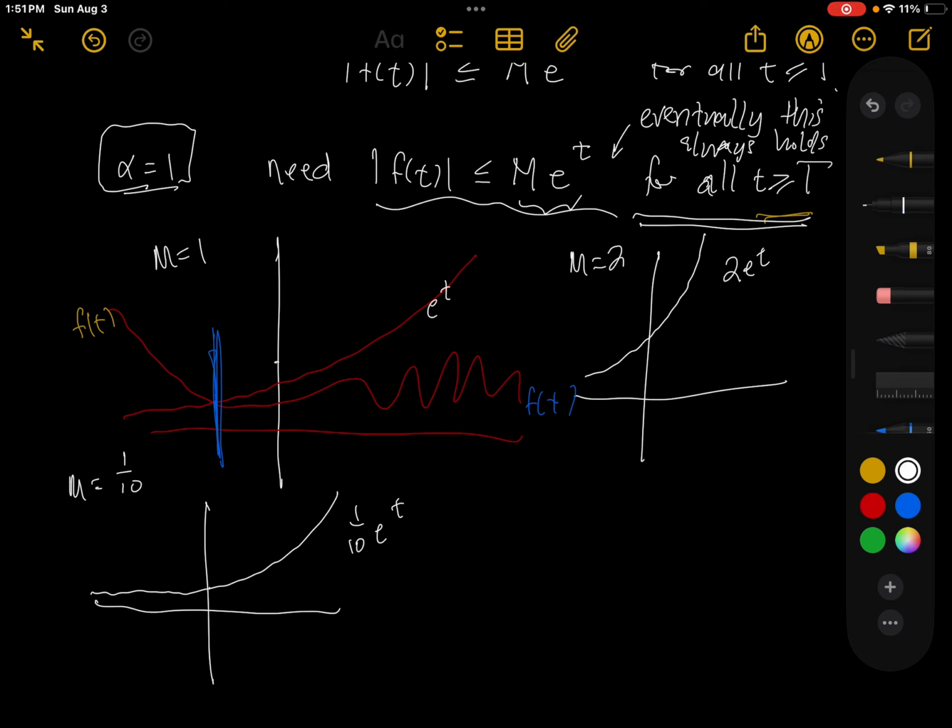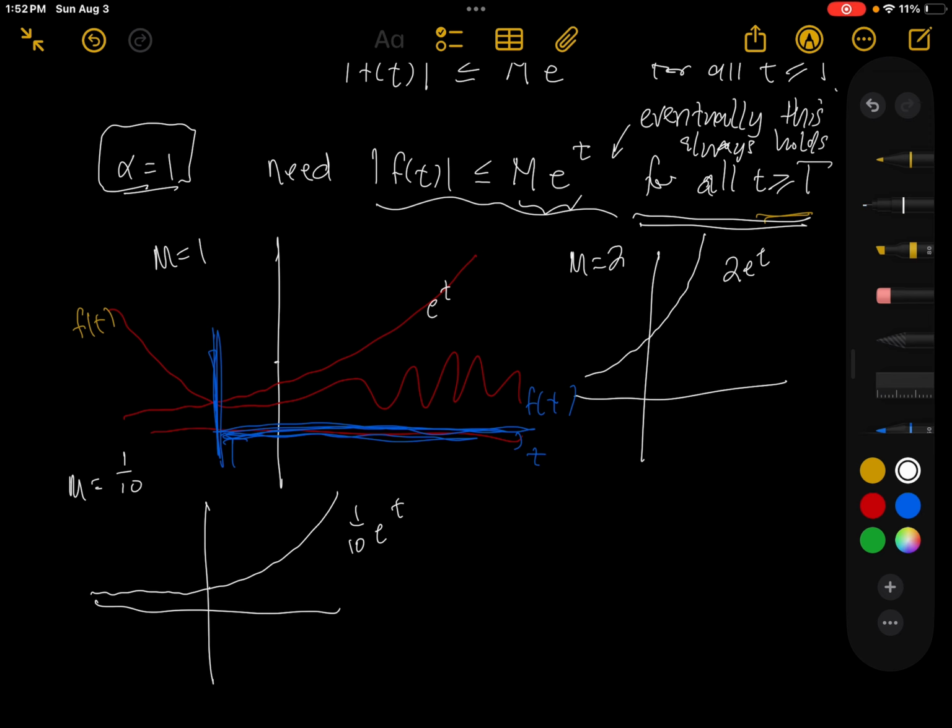So this would be your capital T. When little t is bigger than this capital T, to the right of this capital T, f of t is always less than or equal to e to the t. So this f of t would be of exponential order 1, because you can take alpha to be 1 and you can take capital M to be 1.